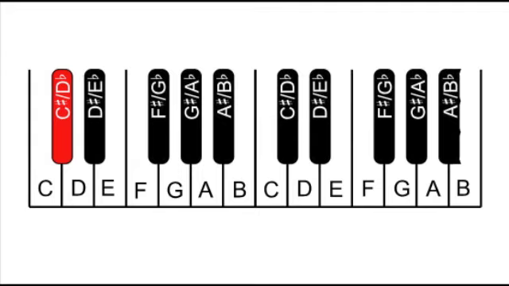The black note to the right of the note C can be called C sharp, which means 1 step higher than C, but it can also be named D flat, meaning 1 step lower than D. If you're wondering why this particular pattern was chosen, take a look at how the notes are grouped on the keyboard.